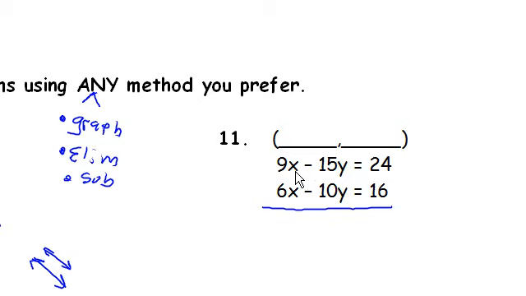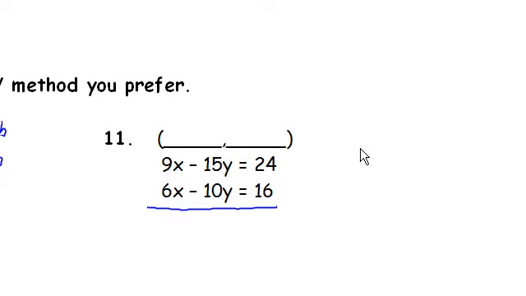Okay, let's figure out what we need to do here. If we wanted to eliminate, I said substitution, I meant elimination, the y term here, we need to figure out what a common multiple between 15 and 10 is.